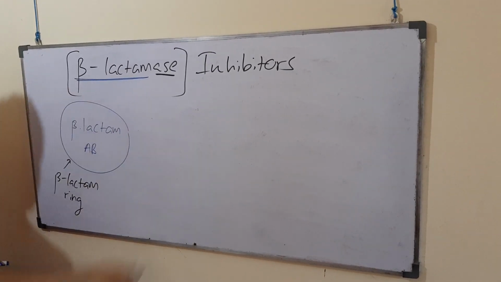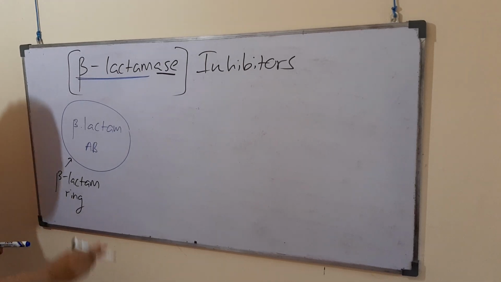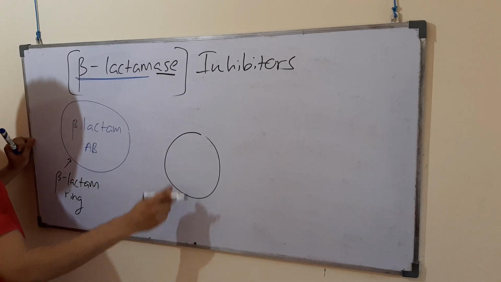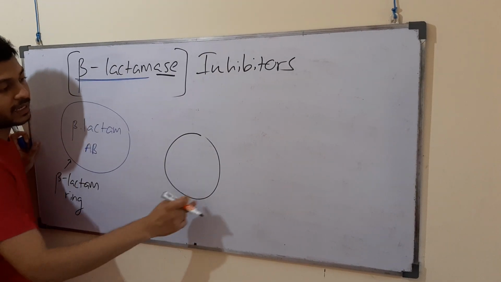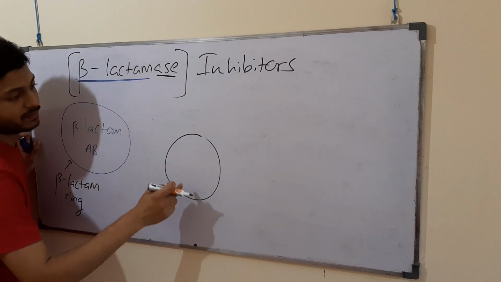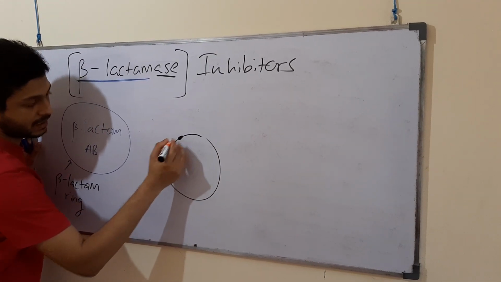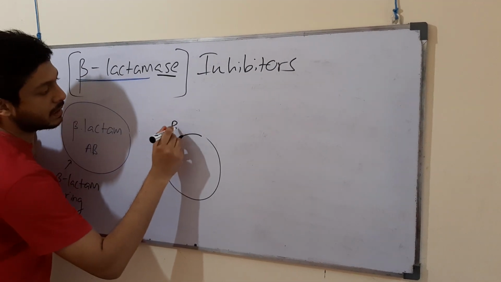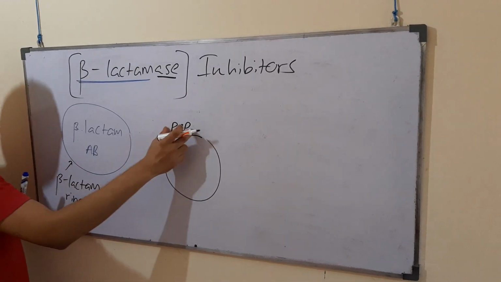Now, if we discuss roughly the mechanism of action of these beta lactam antibiotics, in the cellular structure of the microbe, we have the cell membrane, right? So just think of this as the cell membrane. There's a particular enzyme or protein which we call PBP in abbreviation.